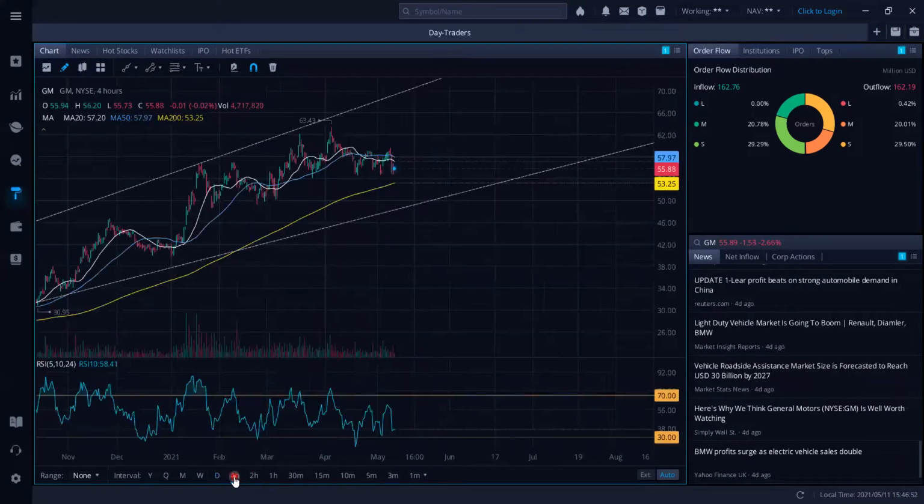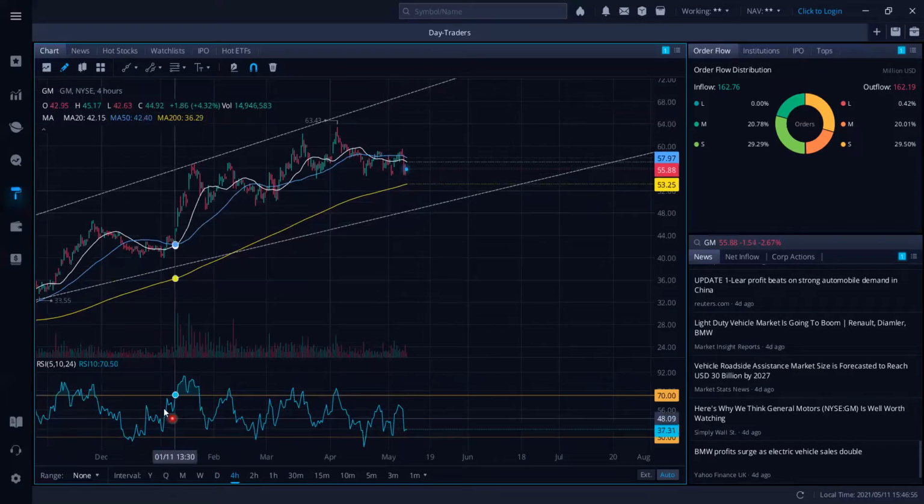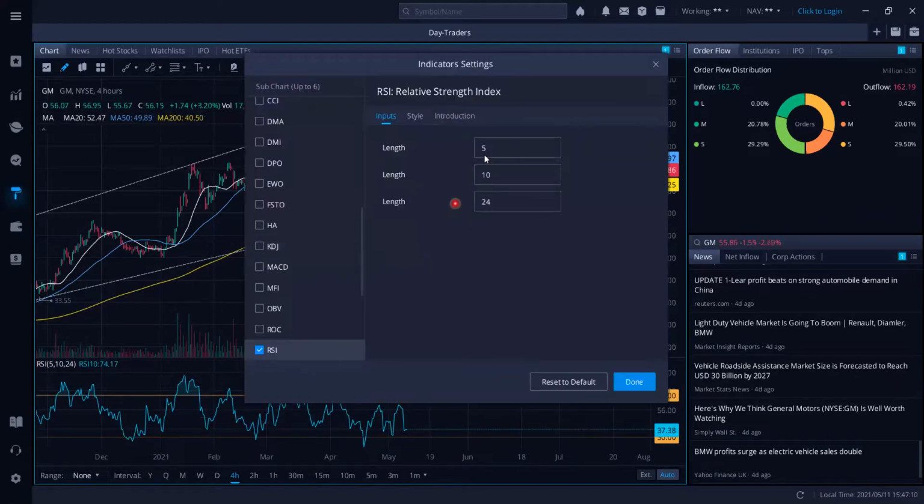Let's work our way to the 4-hour charts now and see what's going on there. Again, you see points where it didn't make it to the resistance. So it comes down, didn't quite make it. We're here. Now, as far as the RSI setup that I've got, this is what I'm currently running right now: 5, 10, 24.